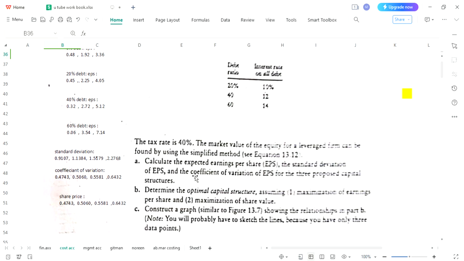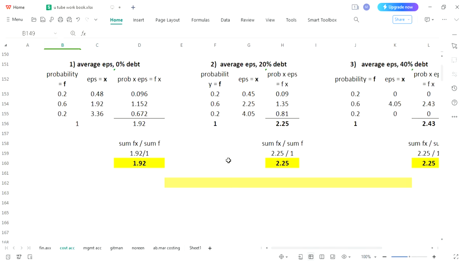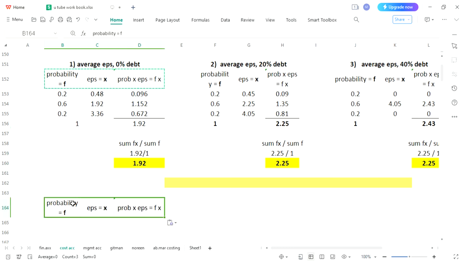Where we are up to now, we were supposed to calculate standard deviation. The first part was completed and we have calculated average EPS. Look over here, all average EPS were calculated and now we are going to calculate our standard deviations. For standard deviation, these first two columns are absolutely the same and three columns are needed, so you will put them as they are.